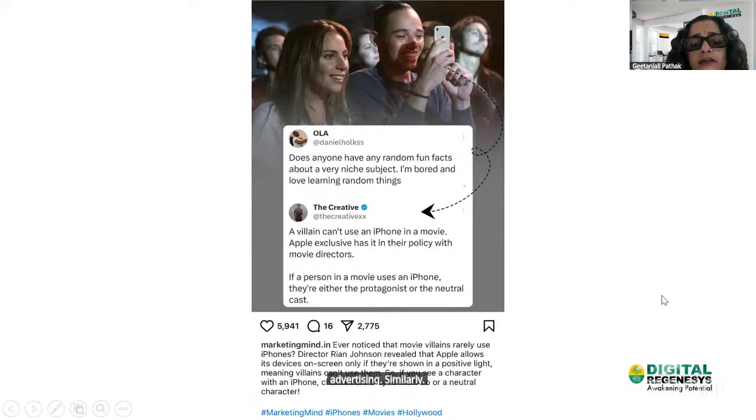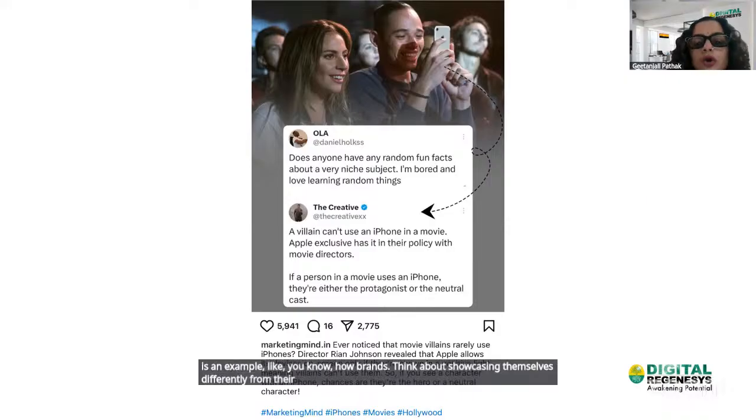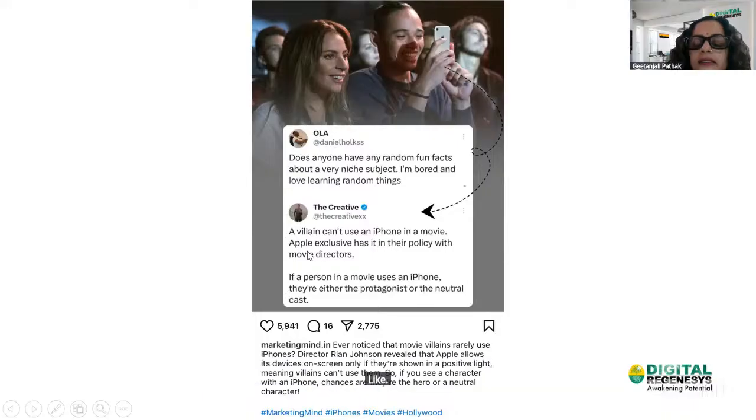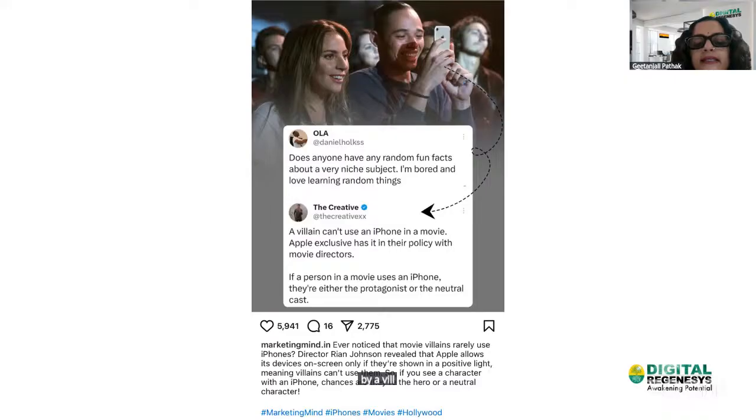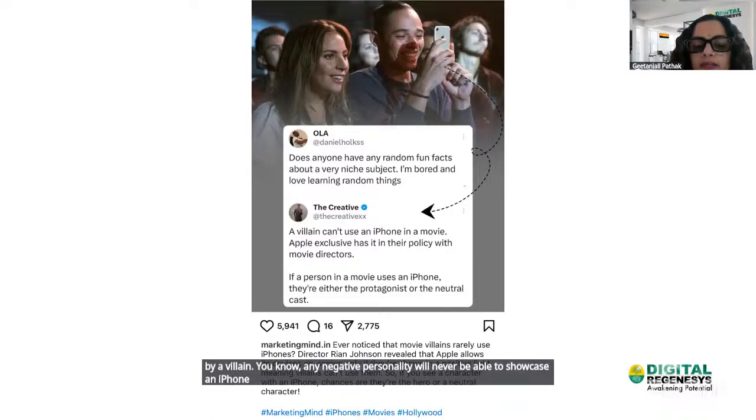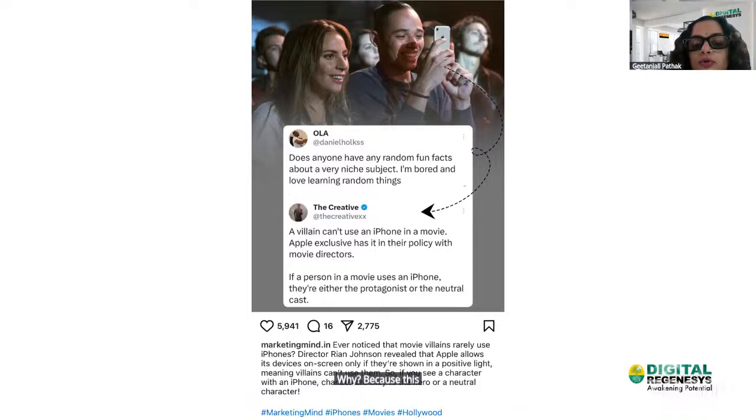Similarly, what you see in this particular slide is an example of how brands think about showcasing themselves differently from their counterparts or the competition. For example, in any movie, whenever you see an iPhone, it is not used by a villain. Any negative personality will never be able to showcase an iPhone in a movie. Why? Because this is the protocol designed by the brand itself.